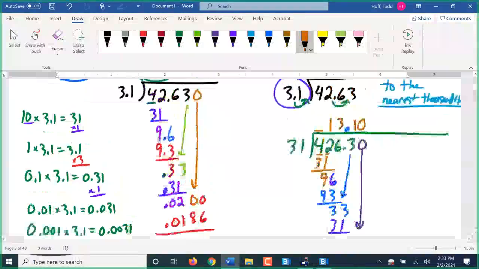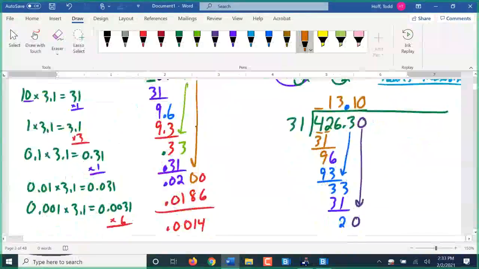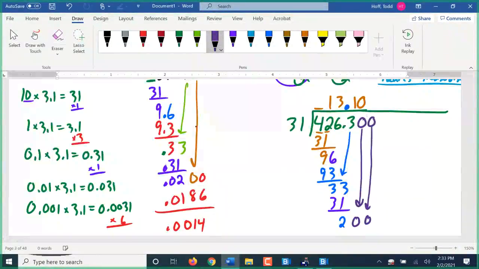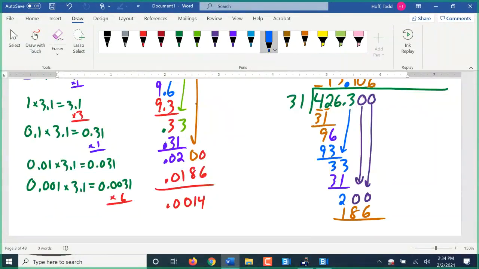Again, over here, it just all worked itself out. Add another 0 and bring it down. That's 200. Well, 31 does go into 200 6 times. 6 times 31 is 186. We subtract there, and we will have 14 left over.